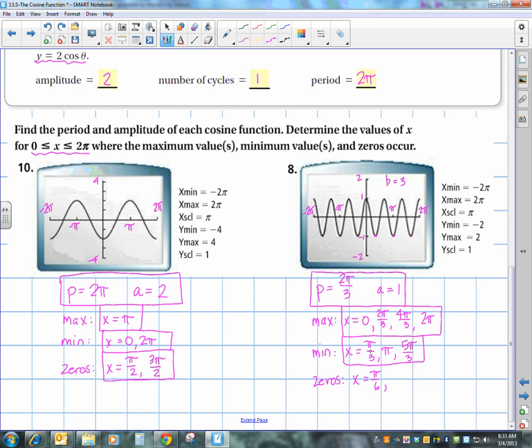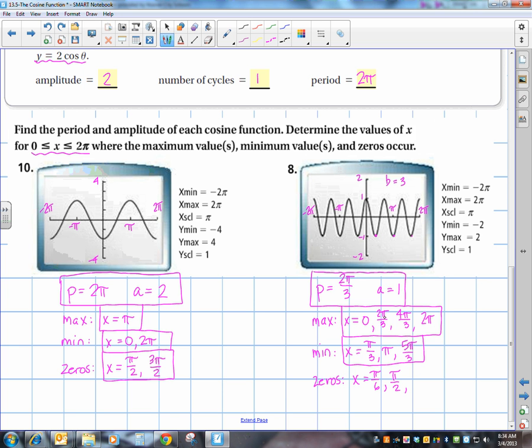Halfway between pi over 3 and 2 pi over 3, if you're not quite sure, you can also add these two together. So pi over 3 is the same as 2 pi over 6, and 2 pi over 6 plus pi over 6 is 3 pi over 6, which becomes pi over 2.